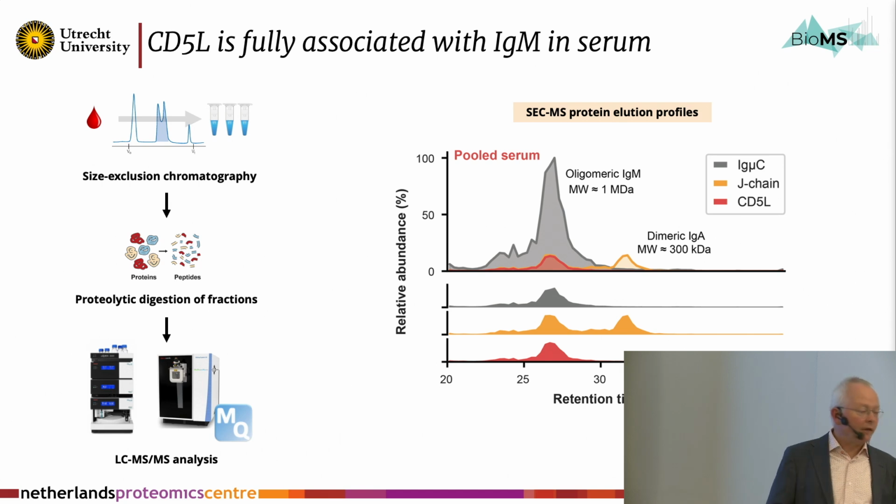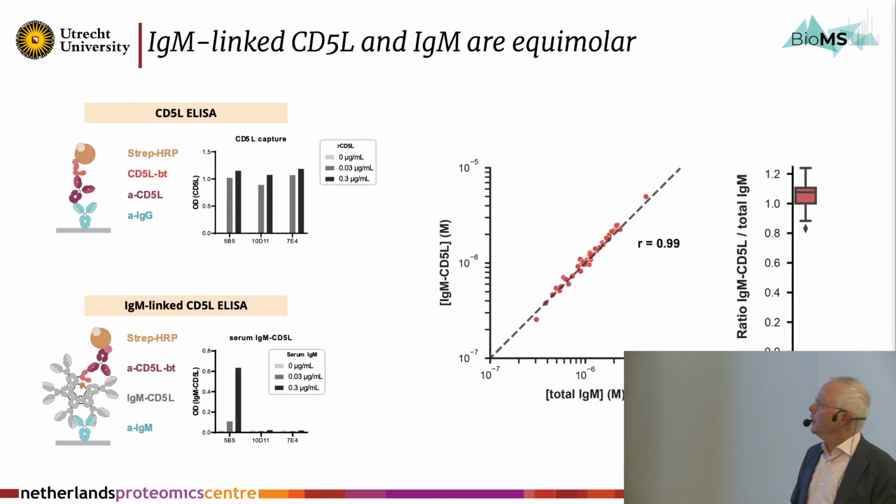So this gives us evidence that it's really co-eluting, that it's maybe one immune complex, which was relatively new at that moment. And then it took us a year to make an antibody that recognizes CD5L. That was easy. But then we needed also an antibody that recognizes CD5L only when it's bound to IgM. And that was a bit more tricky.